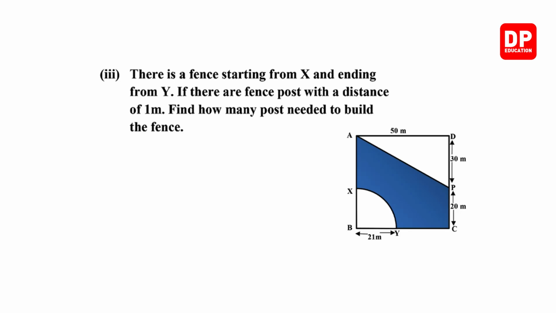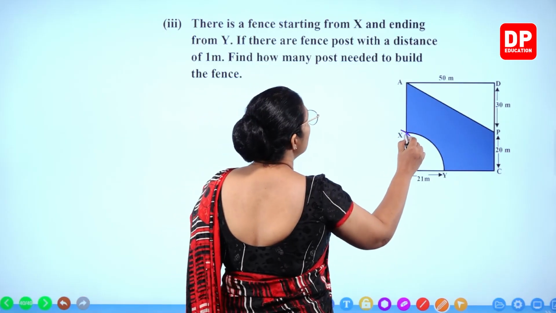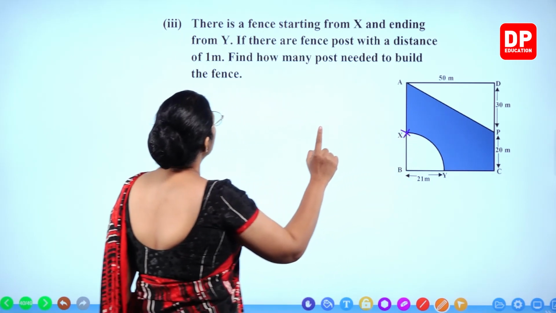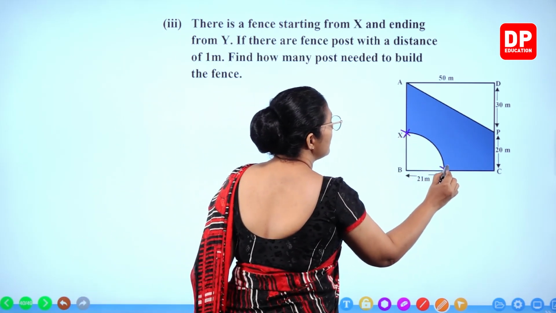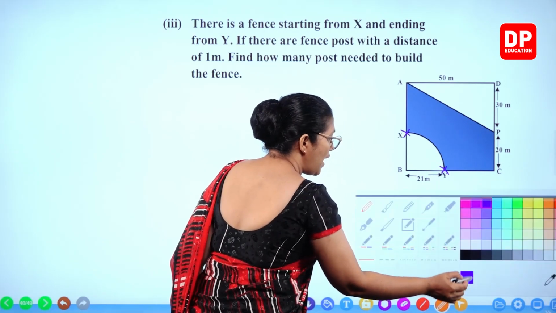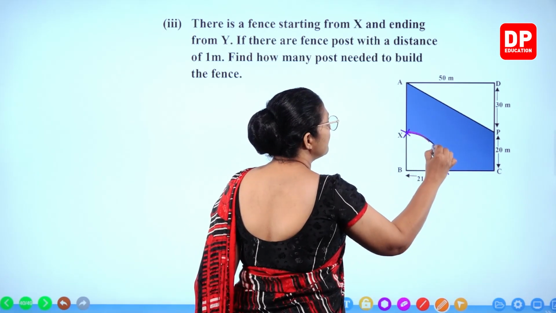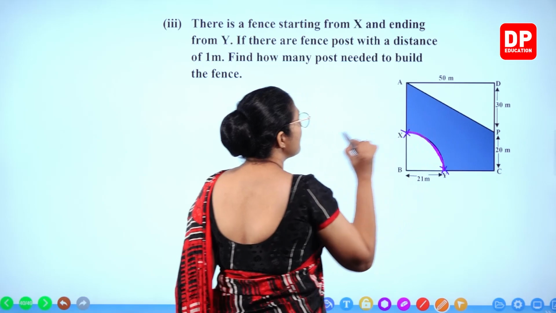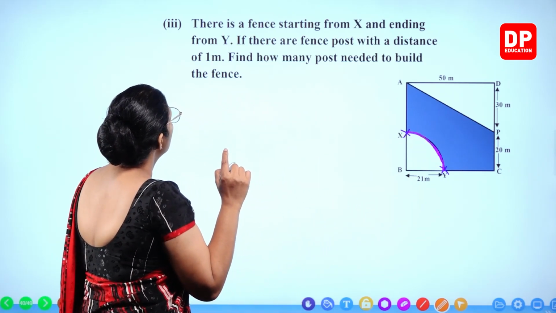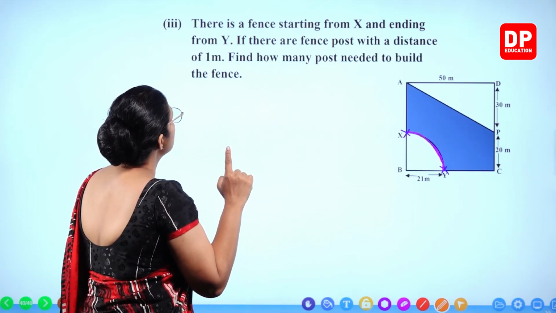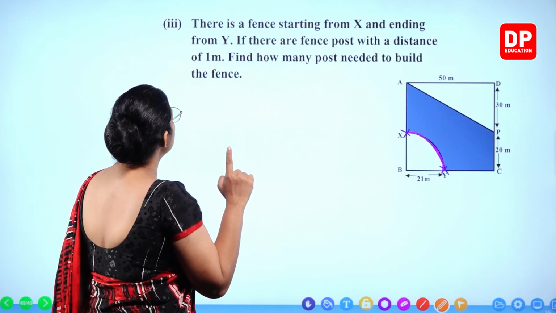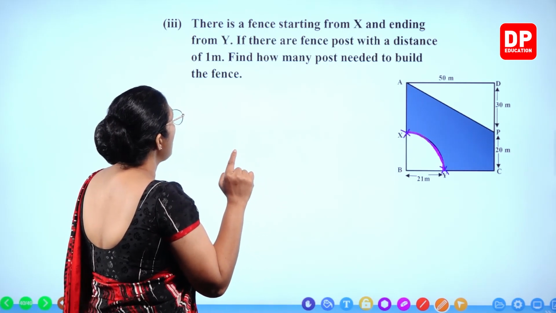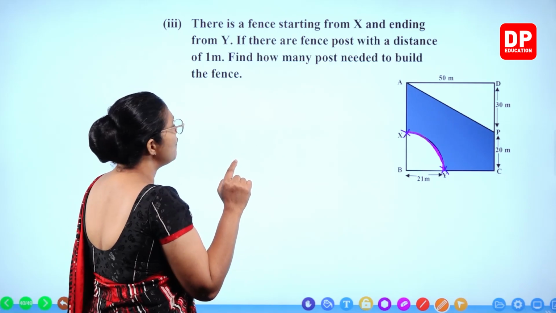Part 3. There is a fence starting from X here and ending at what? Here. So they are planning to put a fence here to here, this part. If there are fence posts with a distance of 1 meter, find how many posts needed to build the fence.